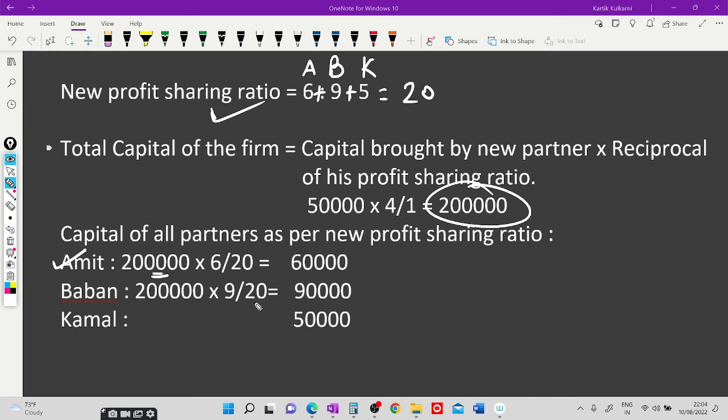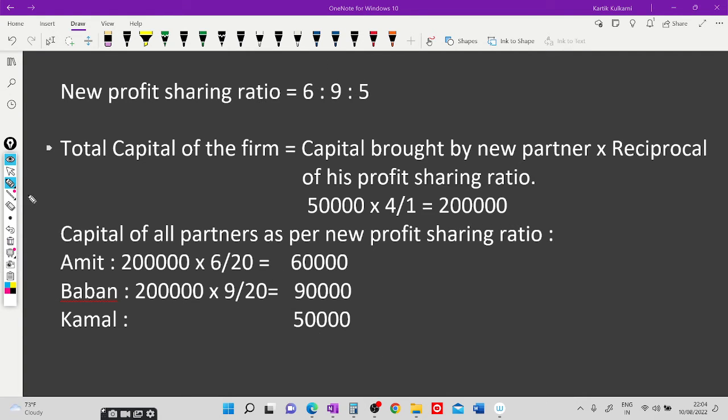So it will be 6/20. 2 lakh into 6/20 comes out to 60,000. Baban, 2 lakh, that is total capital, into Baban's share 9/20 is equal to 90,000, and Kamal has to bring 50,000 capital, which is mentioned in the book. So 60,000 plus 90,000 plus 50,000 comes out to 2 lakh.